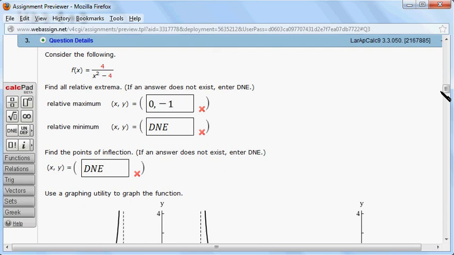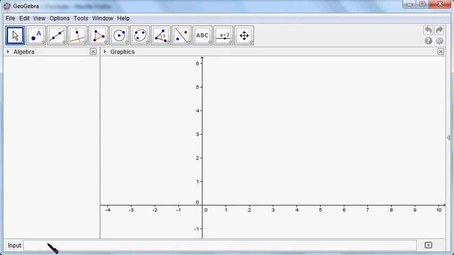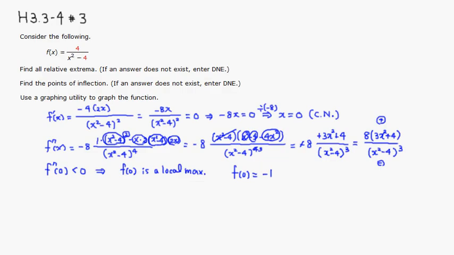Then we can sketch the graph using Geogebra. So open up Geogebra. Then y is equal to 4 over x squared minus 4. Was that the equation? Let's go back. Yep.